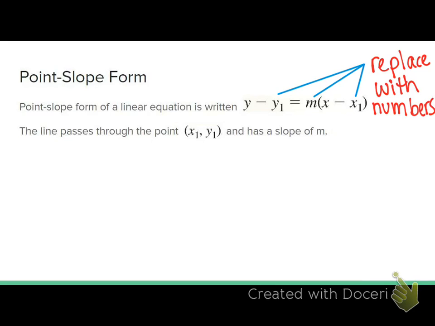So if we are asked to write it in point slope form, we're going to have parentheses there. We're not going to distribute and get rid of them. Point slope form would just mean we replace the y1, the m, and the x1 with numbers. The plain y and the plain x would stay the same. Need more time on this slide, okay?